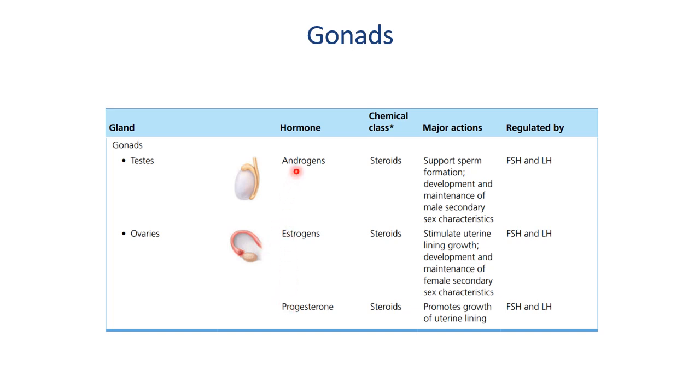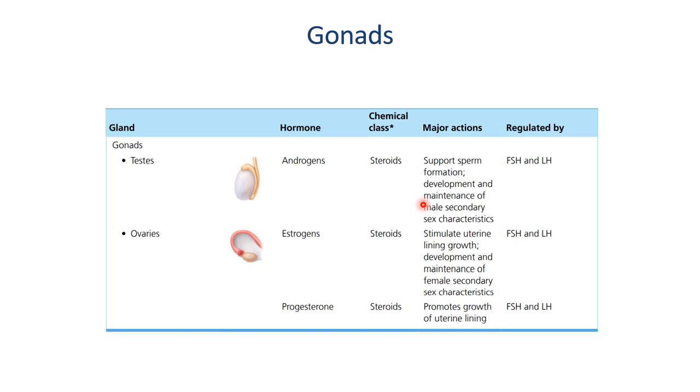So let's take a look at the action of androgens. What's the chemical class of the hormone? It is a steroid because it looks like cholesterol. What's the function of testosterone? It supports sperm formation as well as the development of secondary male sex characteristics.